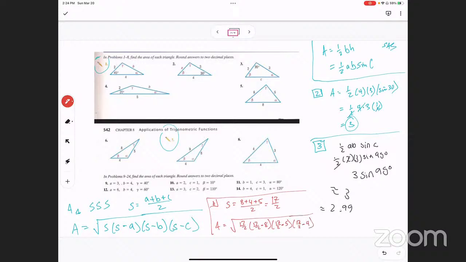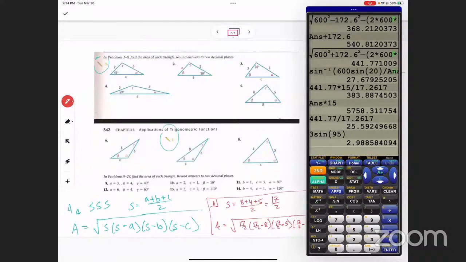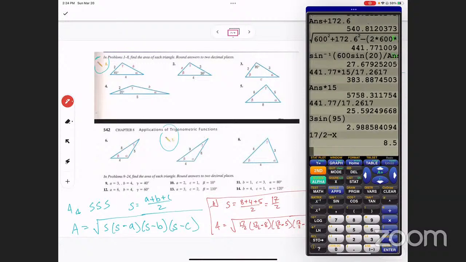Now let me show you a little trick with your graphing calculator. To do this easily, first store 17 halves in your calculator for x. Now just plug in x every time instead of 17 halves. It's just a lot easier.